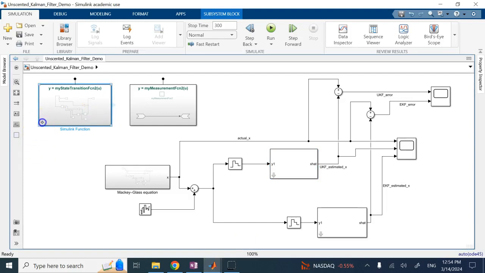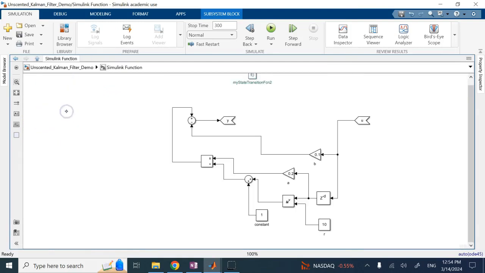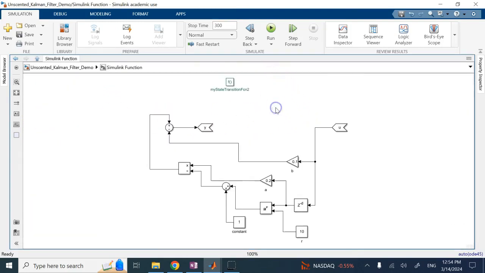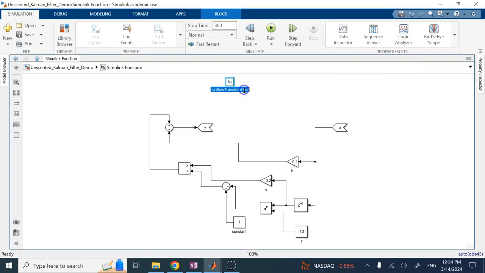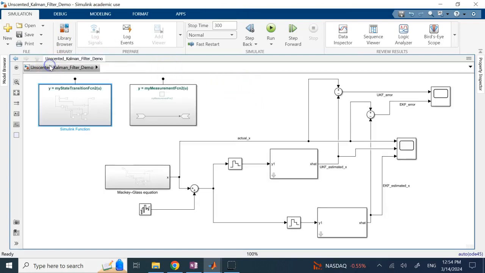The important thing is you name them correctly. So here you see in this F icon that I have up here, you have to double click and pass the function name to it. Just adding it as a name under this is not enough. You have to pass that name to it so MATLAB can call it.